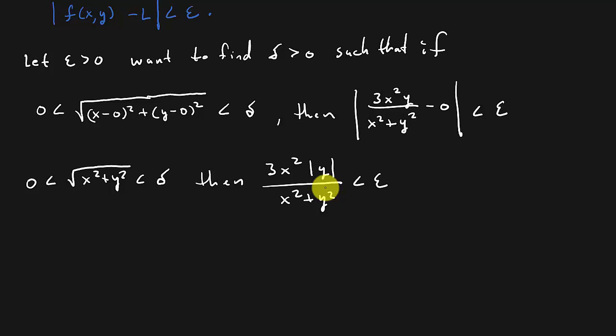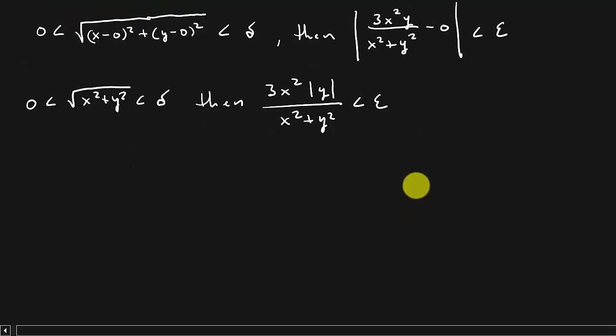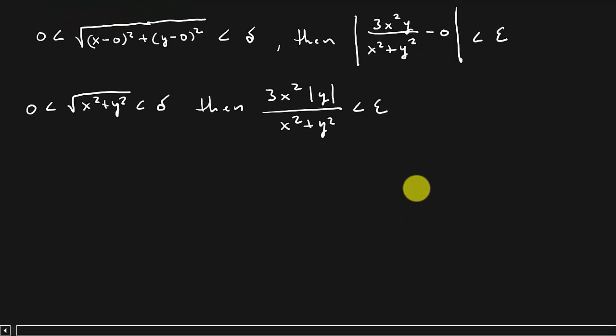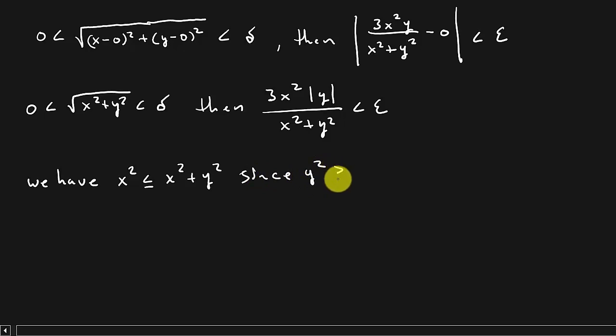All right, so let's think about some things. Now, what do we know? We know that x squared is less than or equal to x squared plus y squared, since y squared is greater than or equal to 0, right? We know that for a fact.